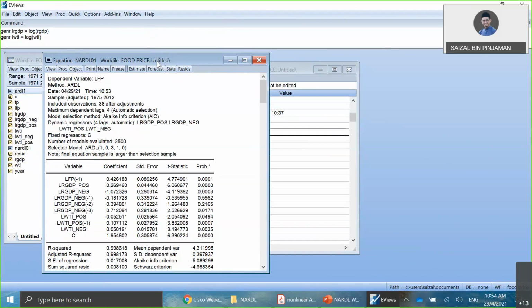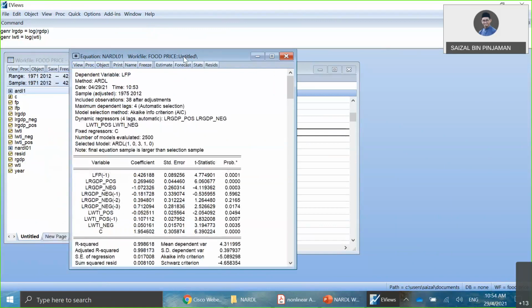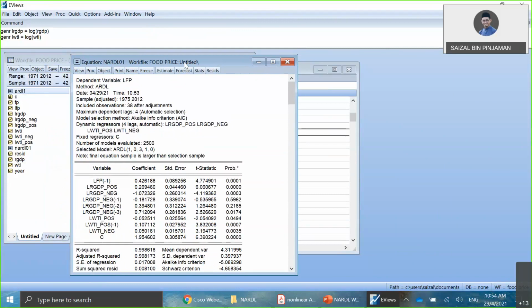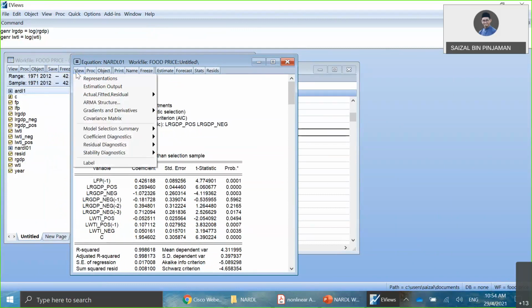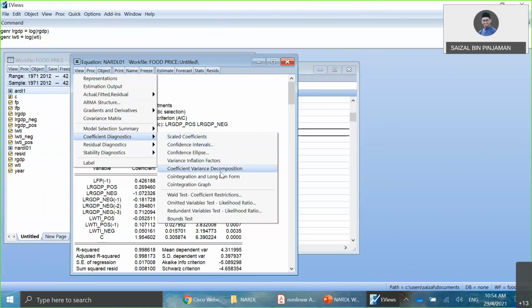From this NARDL model that we have, we can click view, and then use coefficient diagnostics to find the long run form, to check the relationship between the variables in the long run.